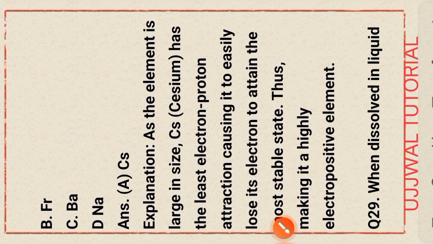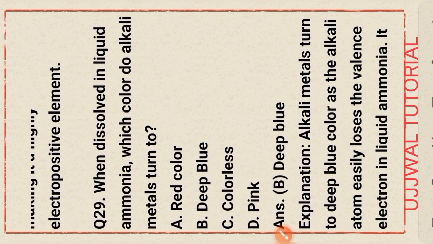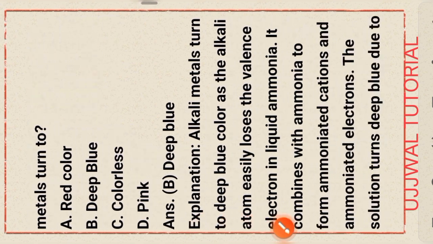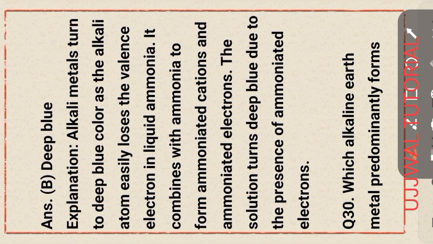Okay, next question, question number 29. When dissolved in liquid ammonia, which color do alkali metals turn, deep blue? Alkali metals turn deep blue as the alkali atom easily loses the valence electron, that is the outer shell electron of the atom.